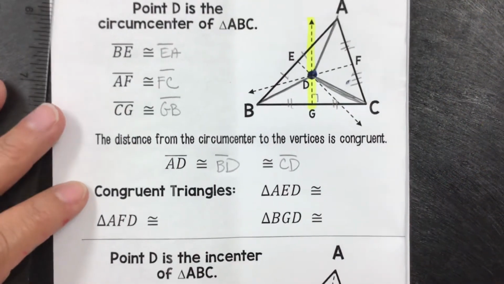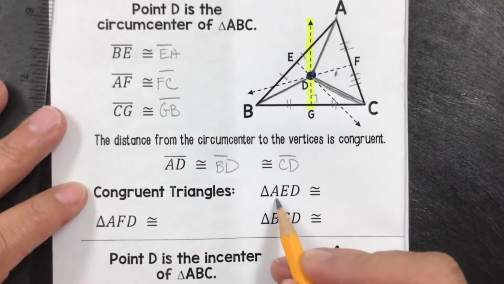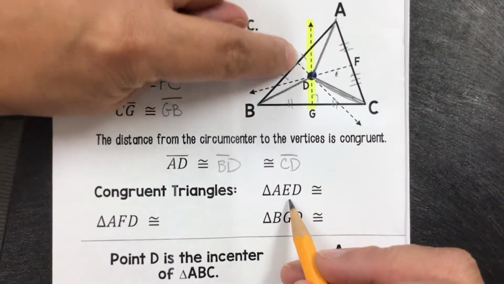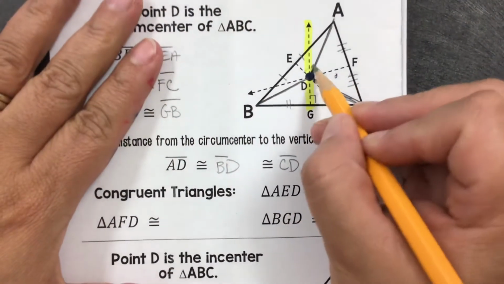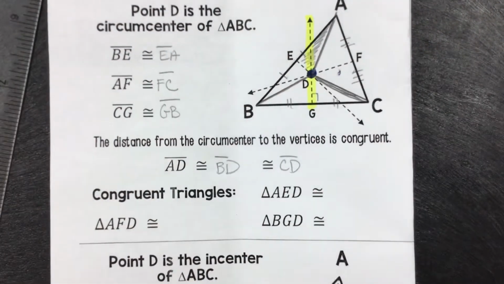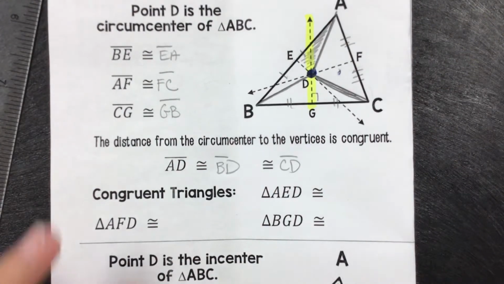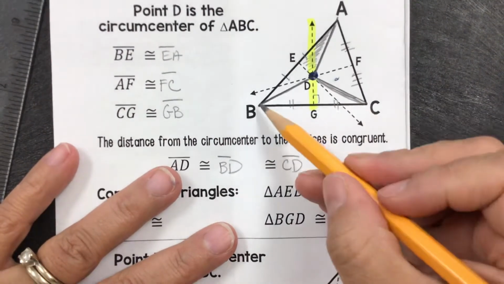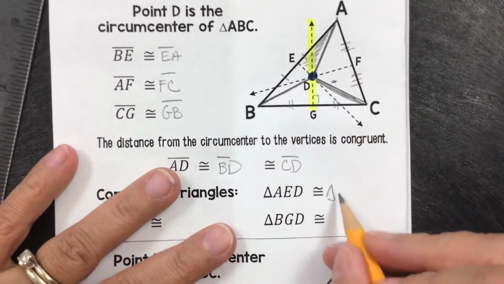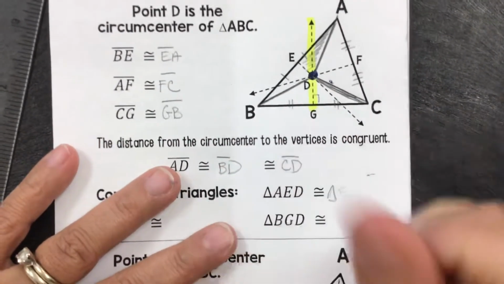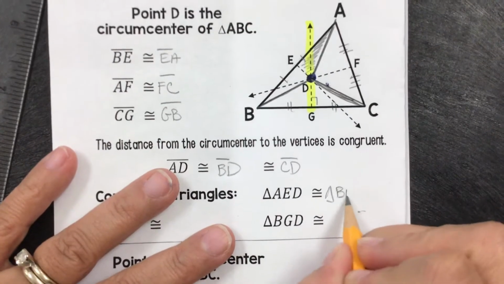The congruent triangles are: triangle AED, so I'm going to shade it in, and that is congruent to the triangle BED.